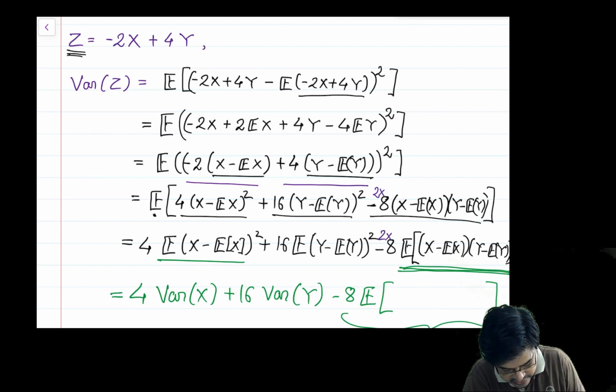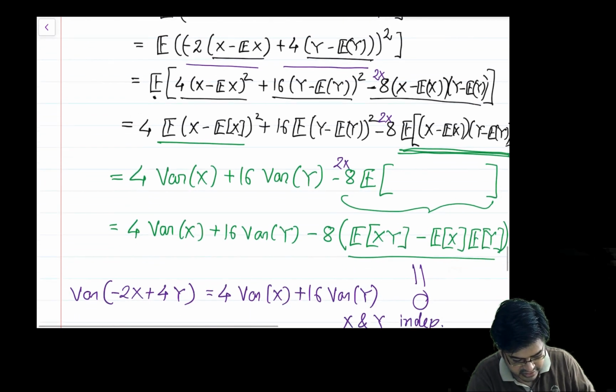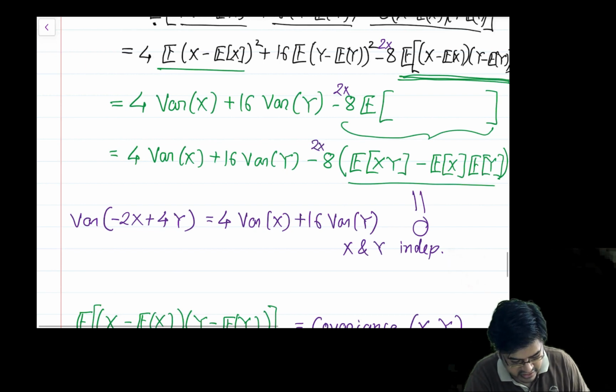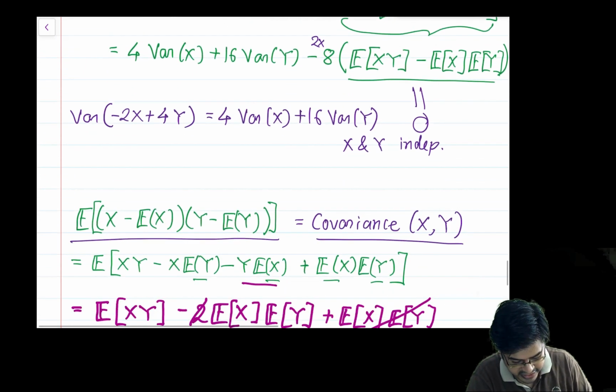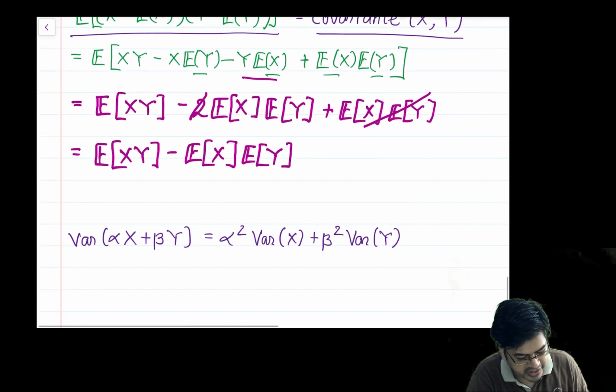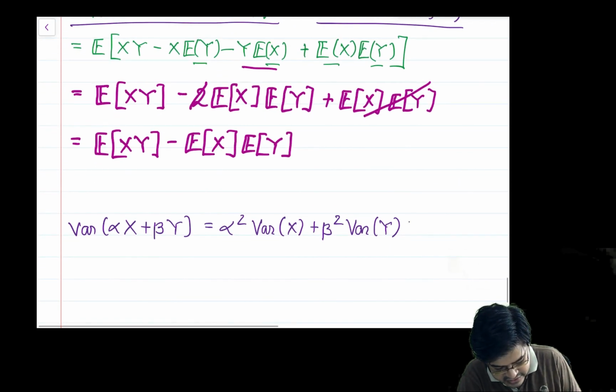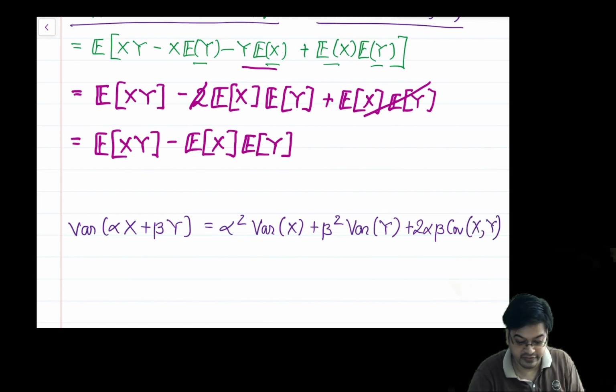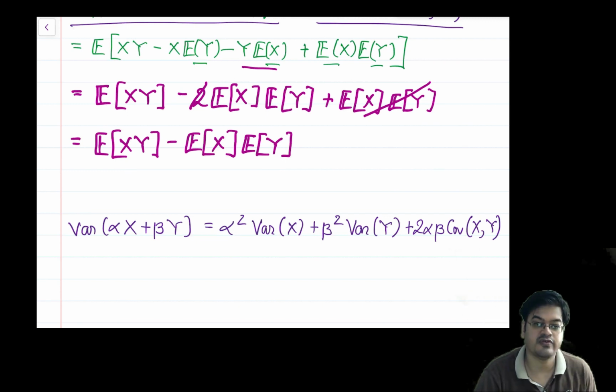It's a minor computational error, so this is 2 into 8, and therefore finally what I get is plus 2 times alpha into beta times covariance of x comma y. Okay, this is the formula that we will get for variance.